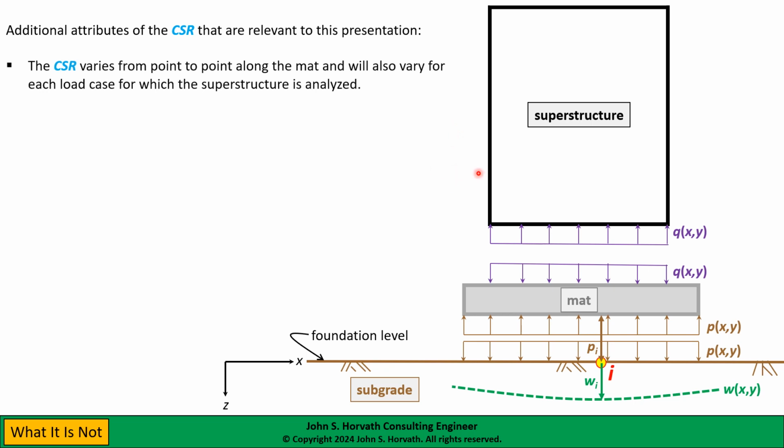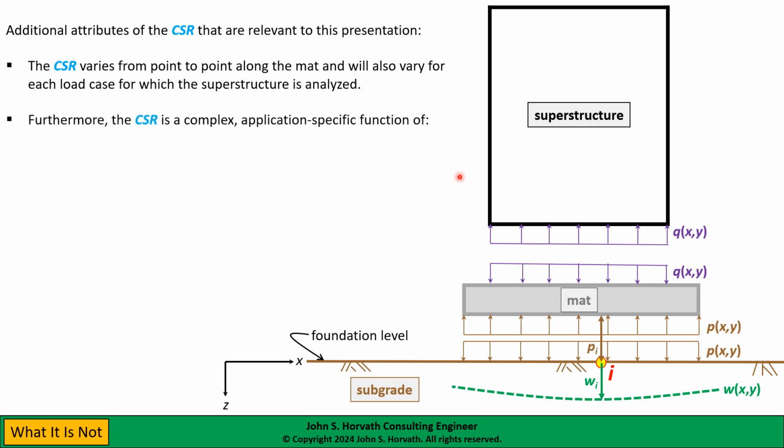So the coefficient of subgrade reaction, as it turns out, varies from point to point along the mat and will also vary for each load case for which the superstructure is analyzed. I mean, of course, you're going to design the superstructure for a variety of load cases involving dead load, live load, wind load, perhaps seismic load, perhaps thermal load. So there are many different load case combinations you would typically evaluate for this superstructure, and each of them will provide a different distribution of coefficient of subgrade reaction along the underside of the mat.